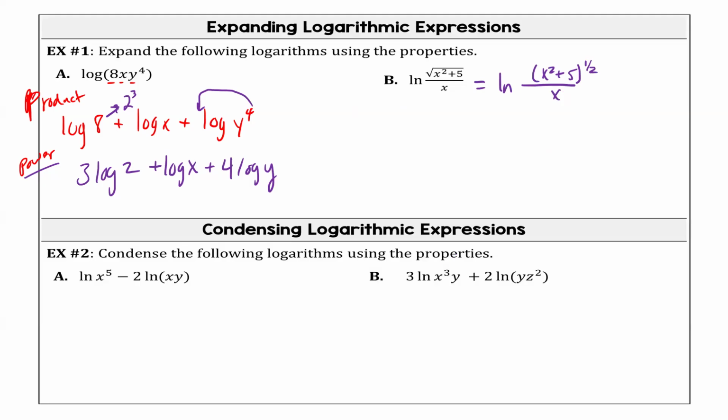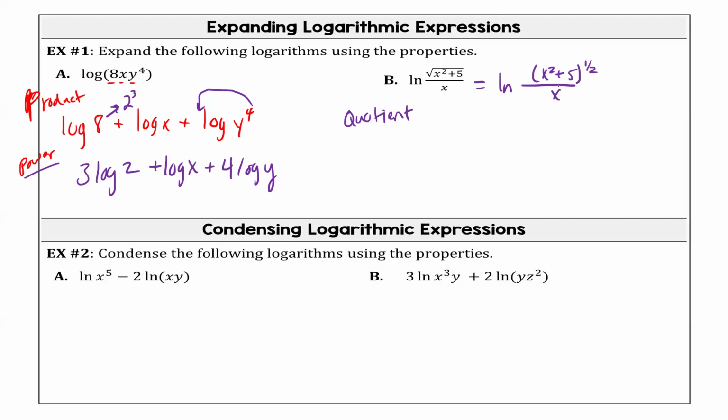Okay? So looking here, I have arguments that are being divided. Because I have arguments that are being divided, I'm going to use what property? The quotient. Okay.